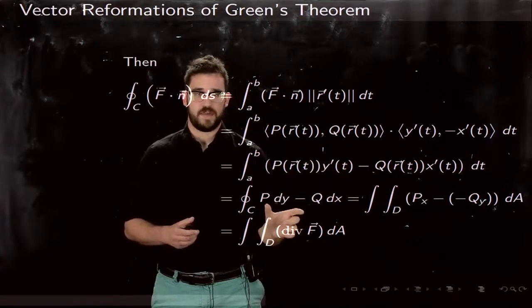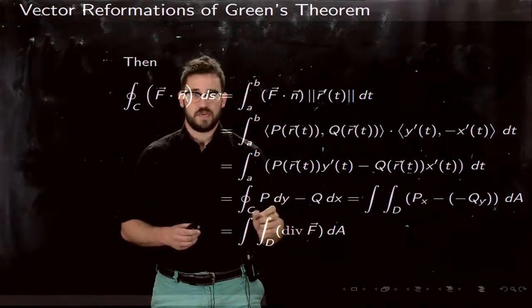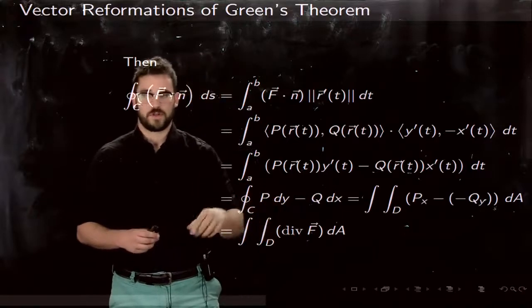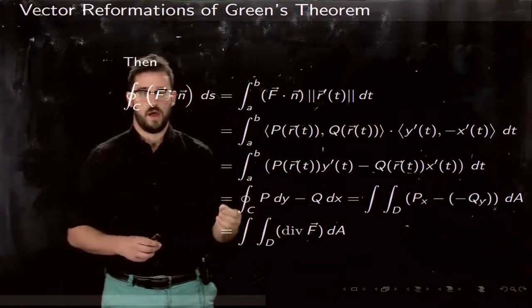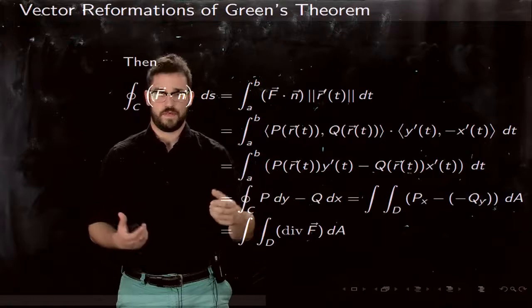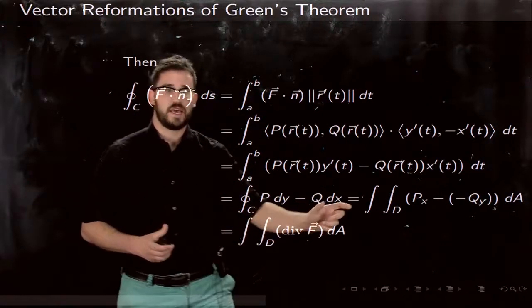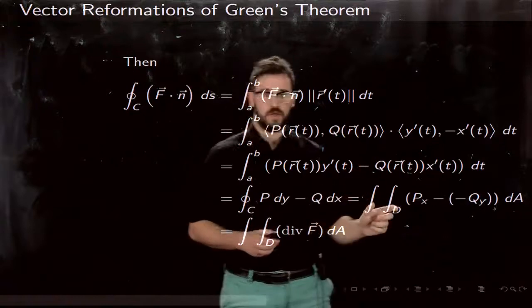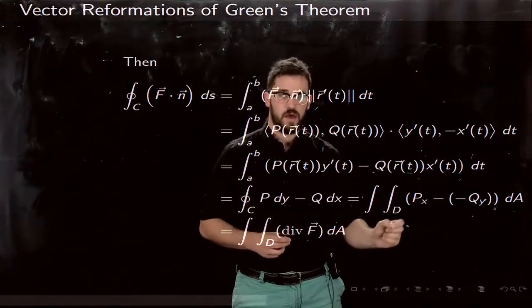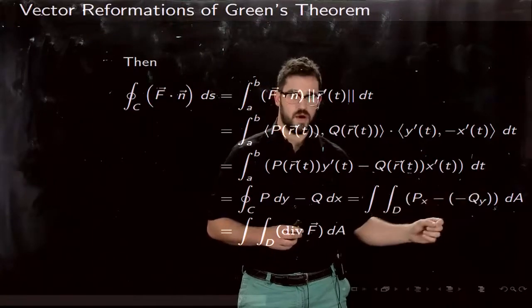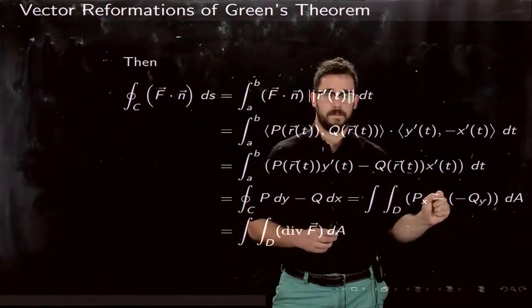And when we simplify this, we are just going to get our P dy minus Q dx over the closed curve that we can formulate with R, which we can just use Green's theorem to say this is the double integral over D of Px plus Qy dA.